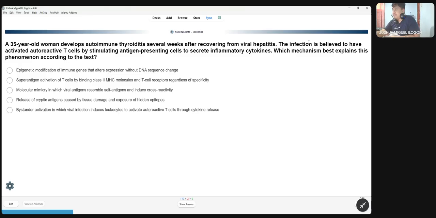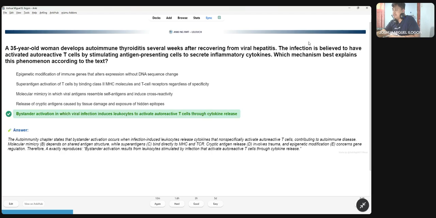Thyroiditis, recovering from viral hepatitis. That's your bystander activation. Infection-induced leukocytes release cytokines that non-specifically activate.